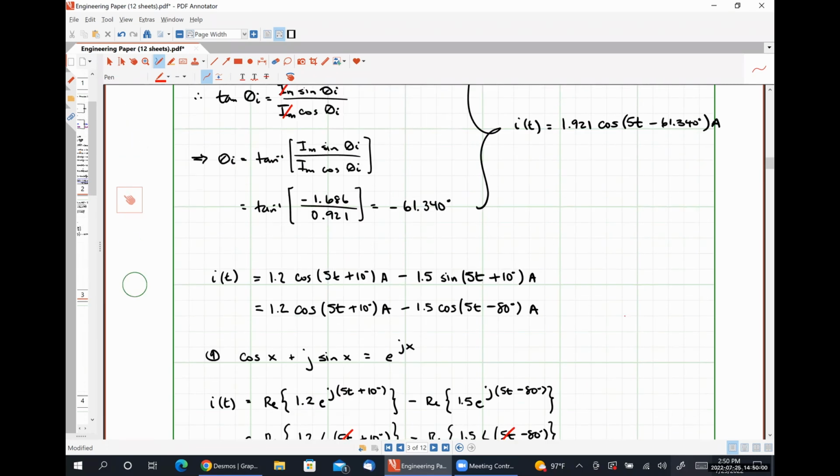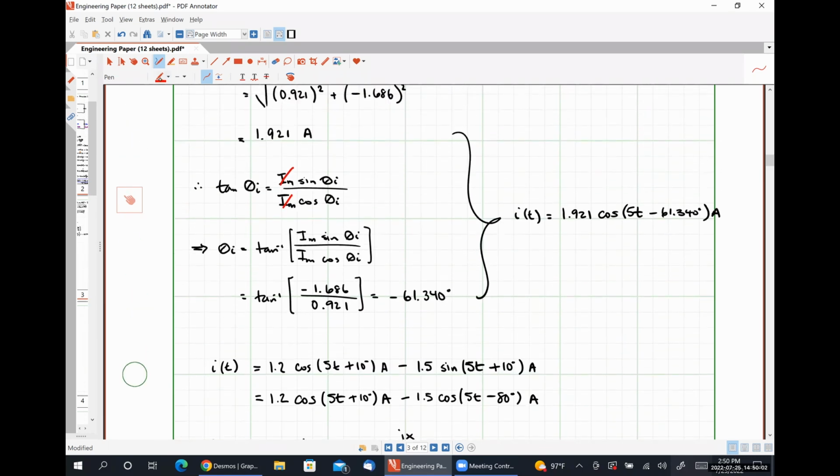What I'm trying to illustrate is that we got the exact same magnitude as we did right here. And we got the same phase angle as well. Now there's a question of whether or not the sign is correct, and that's on me for making a mistake at some point here that I am trying to find. Inverse tangent.